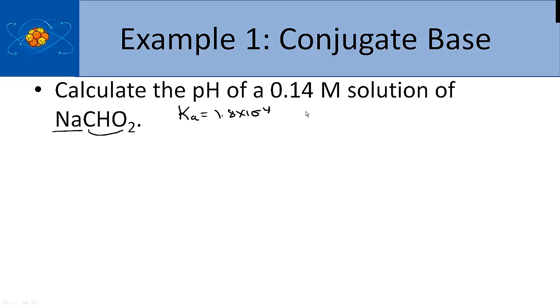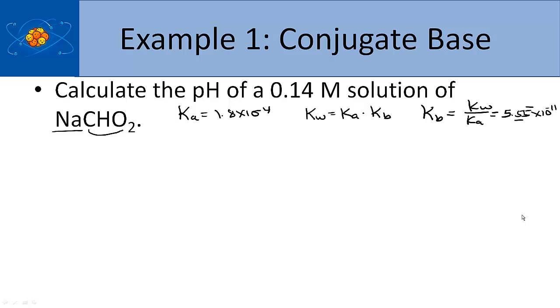But this is a base. So you have to remember that Kw is equal to Ka times Kb, so that you can calculate Kb, which is what you need for this problem, as Kw divided by Ka. When you do this, what you find is that Kb is 5.55 times 10 to the minus 11, and the 5 is repeating. We have two significant figures. So now we have to set up our ICE table.